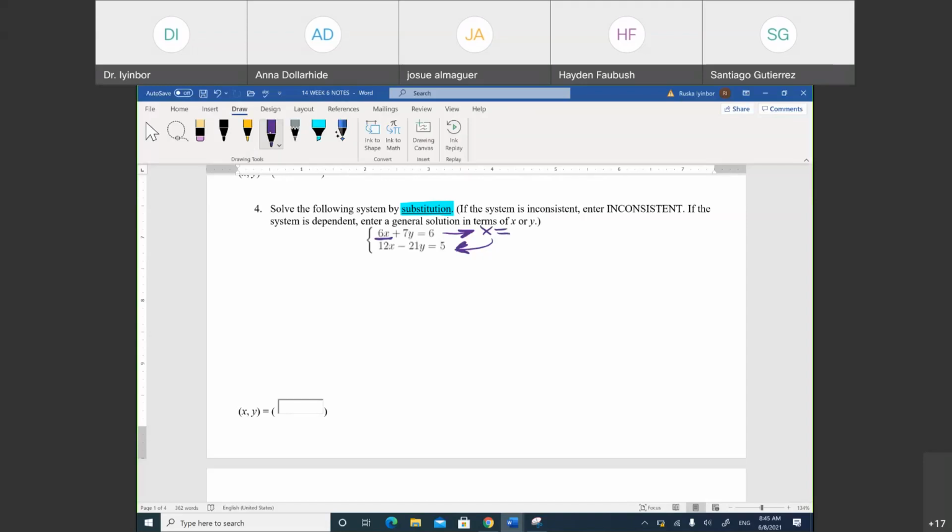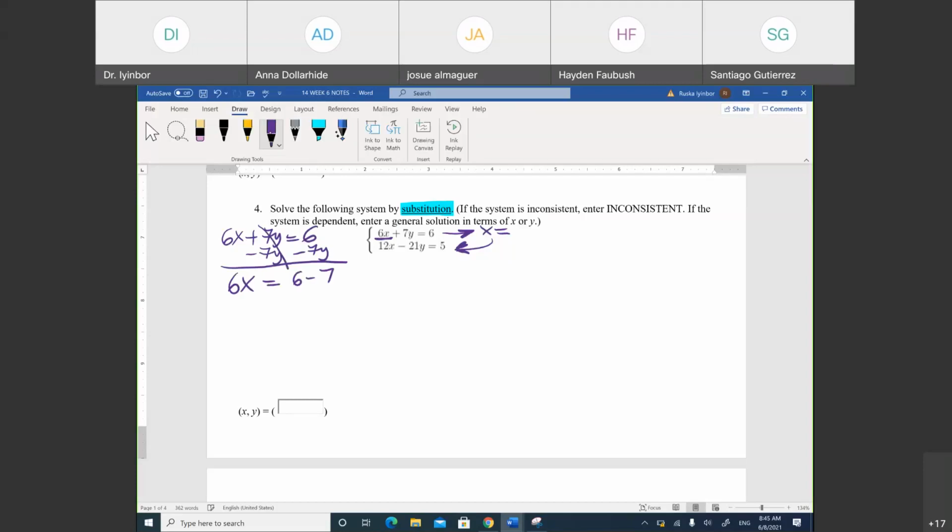See, that's why you have involved a lot of solving, right? So I'm going to take 6x plus 7y equals 6. And I'm going to get x by itself. So I'm going to subtract 7y in both sides. This cancels. So I get 6x equals 6 minus 7y.